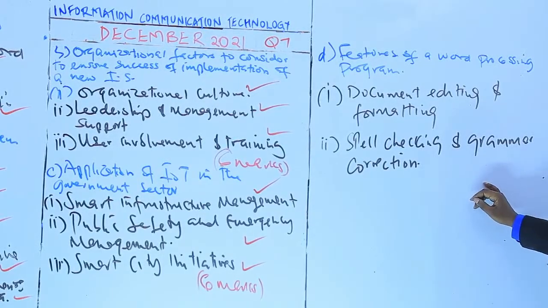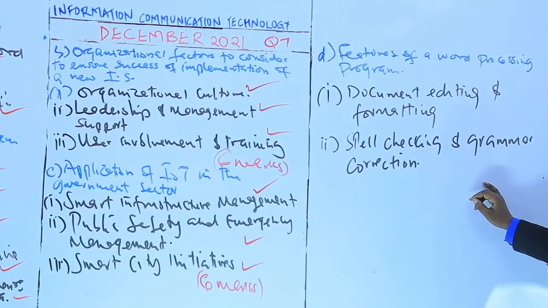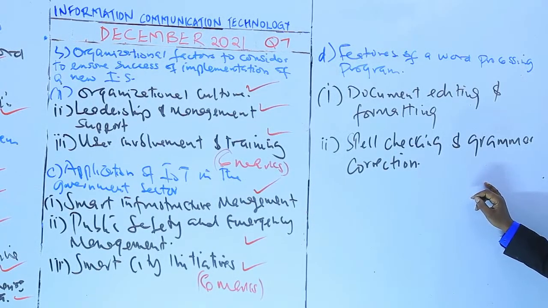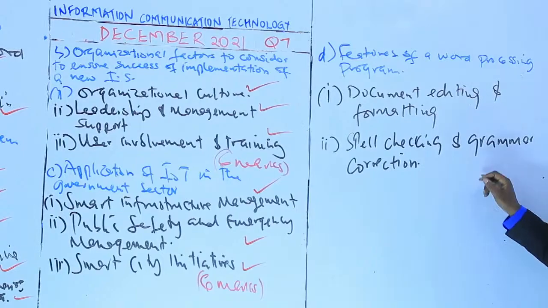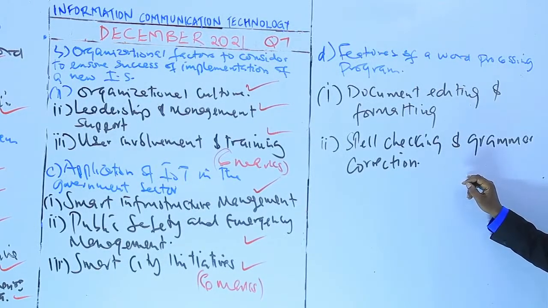And this feature helps users identify and correct spelling errors, grammatical mistakes, punctuation errors, and so on in their documents. So the program highlights potential errors and suggests corrections, improving the accuracy and professionalism of the written content.